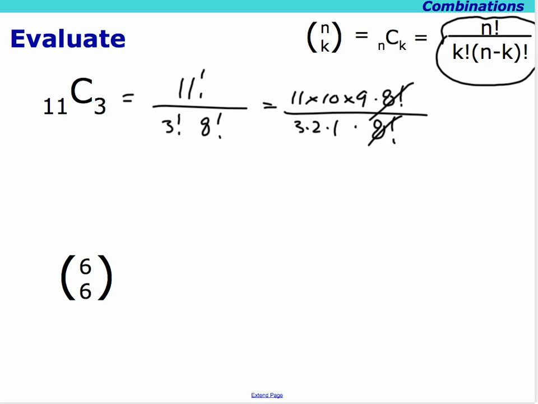The 8 factorials will be a factor of 1, so I can eliminate those. Maybe I can simplify this a bit more. 3 goes into 9 3 times, and 2 goes into 10 5 times. So now it's 5 times 3 is 15. 15 times 11 is 165. On your calculator, you probably already have that.